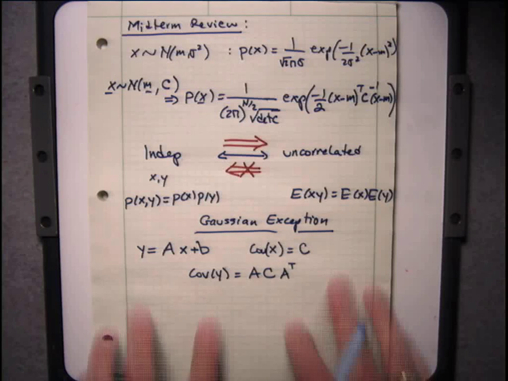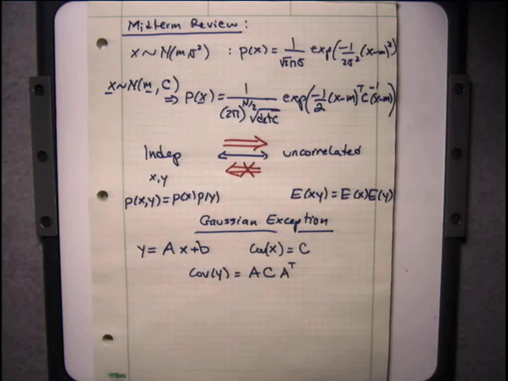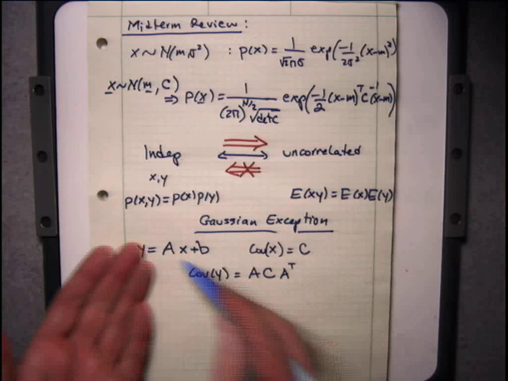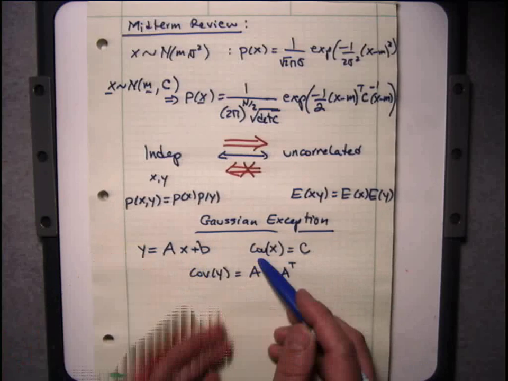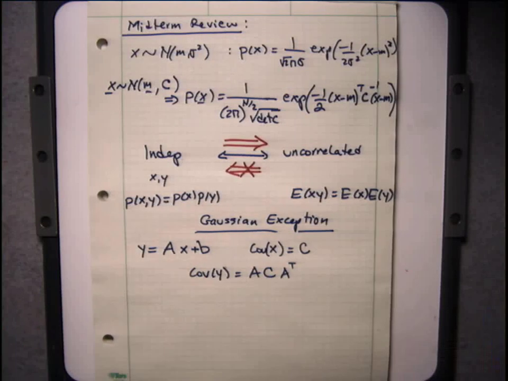I'm writing this down not because I think it's a terribly difficult thing, but you shouldn't have to derive this every time, so you should just remember that if you have a linear transformation and A and B are two constants, a constant matrix and a vector, then this is just the answer. You shouldn't have to go through the derivation every time.